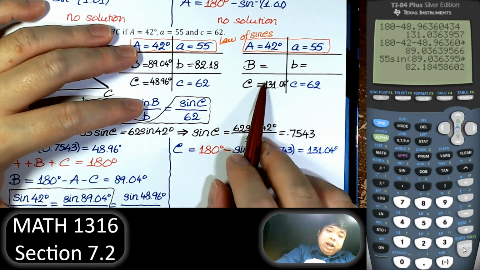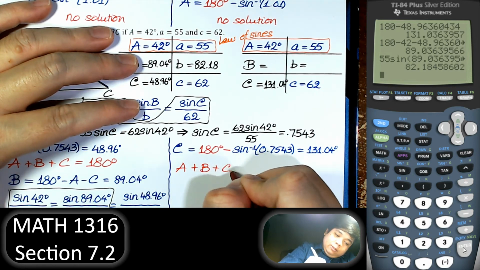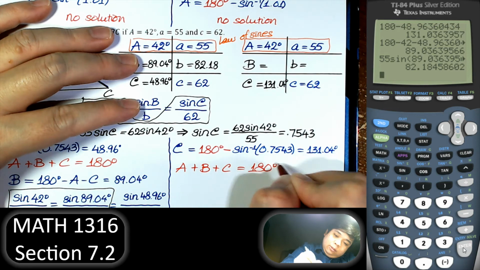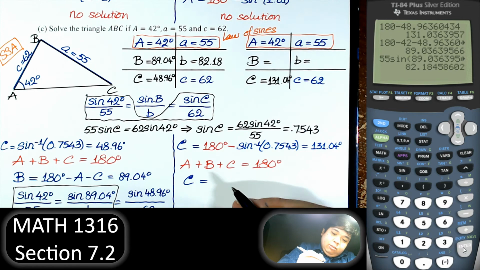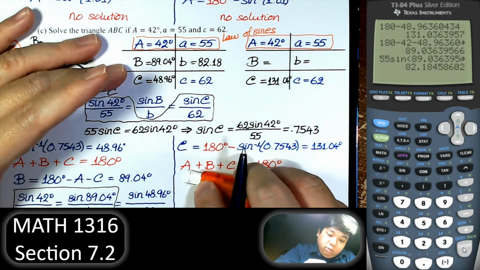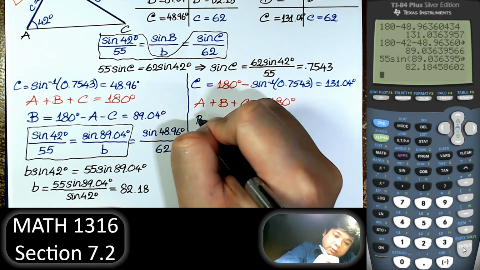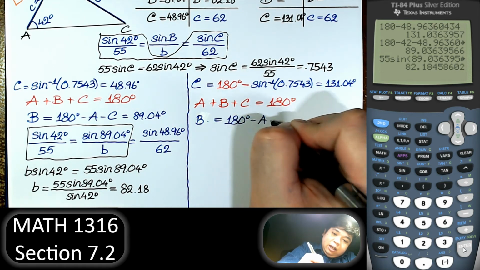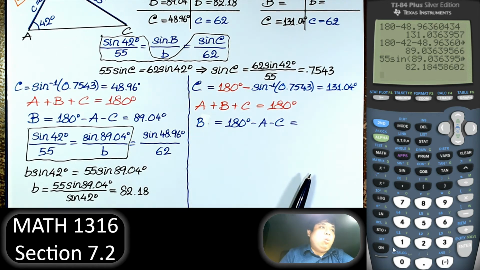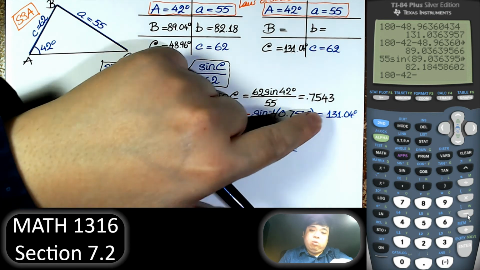Once again, we know two angles. We should know the last one as well. So angle C, which we know, we just need to know angle B. 180 minus A minus C. Right, 180 minus angle A of 42 minus angle C of 131.